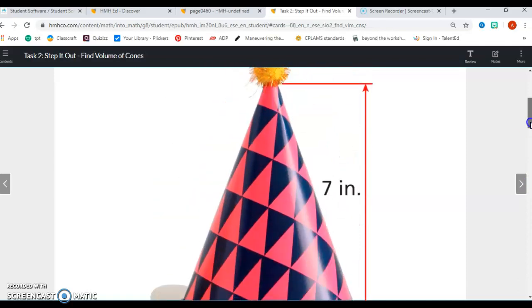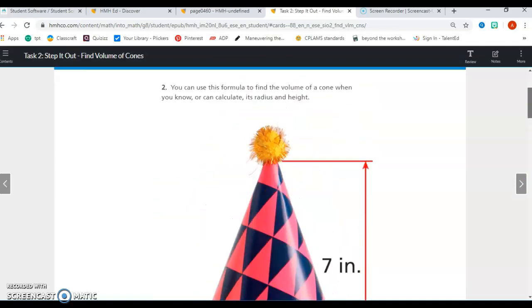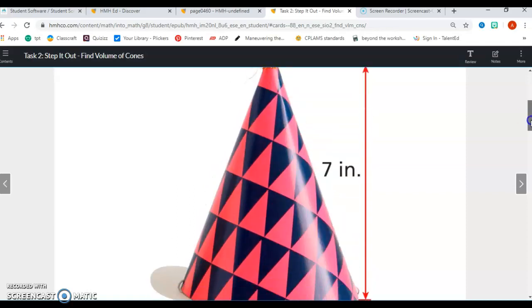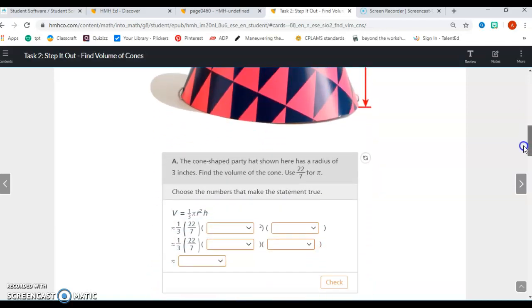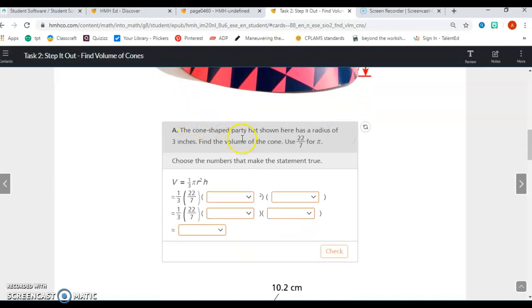All right, so now I got a party hat. Party hat with a height of 7, and it tells me the cone-shaped party hat shown here has a radius of 3 inches. We're going to find the volume of the cone, but we're going to use 22/7 in terms of pi. 22/7 is equal to pi because both of these are irrational numbers.